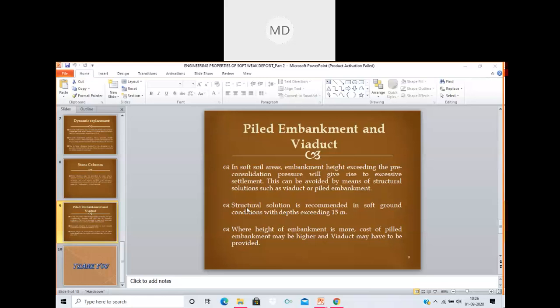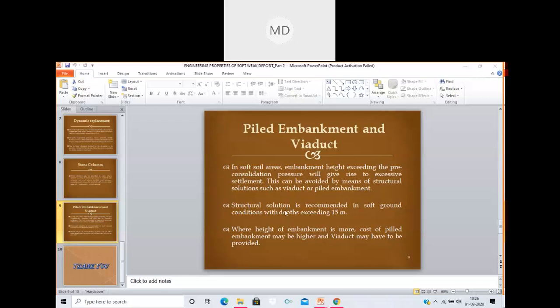Like we can construct a viaduct or small bridges, to avoid those areas. For constructing a road, suppose you have to use an area where the soil is soft and compressible deposit, we can avoid those areas by using some structural solutions.